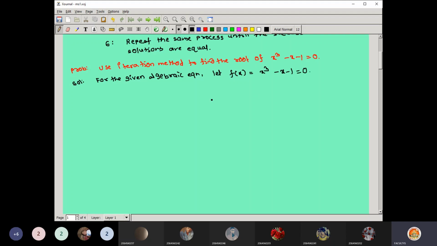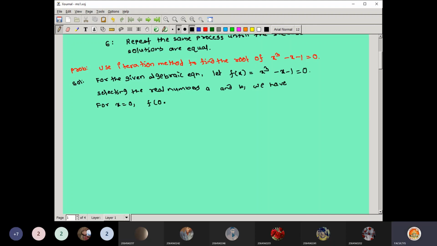The given expression you are supposing as f of x. Now you are selecting the real numbers a and b. In order to select the real numbers, start with x equal to 0.